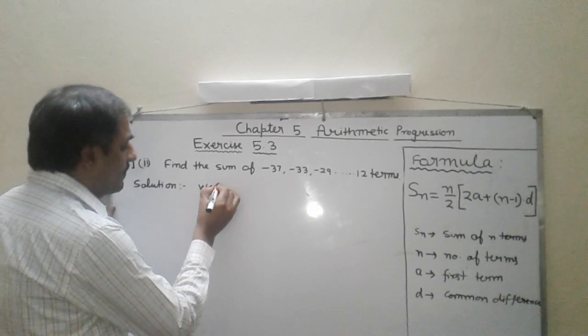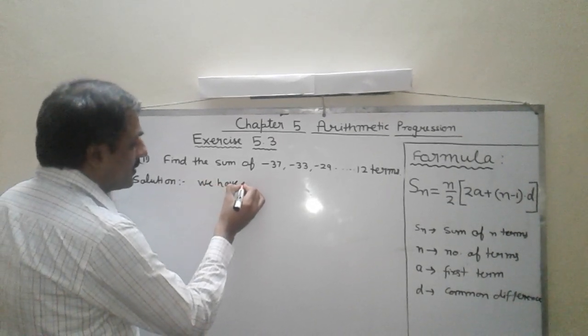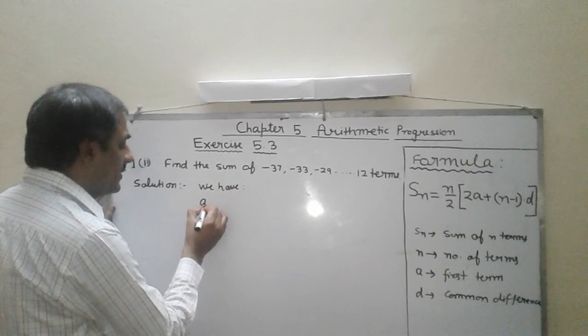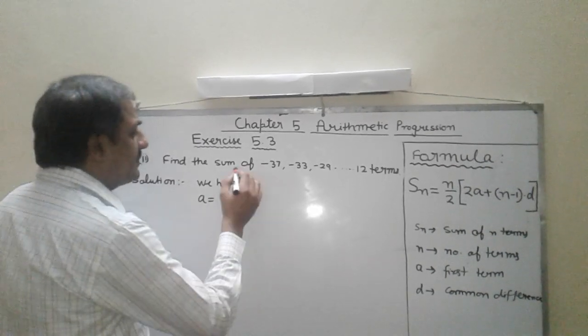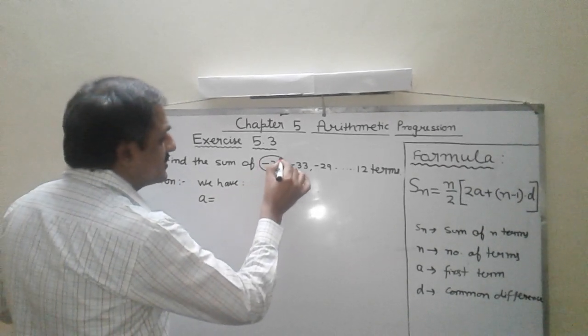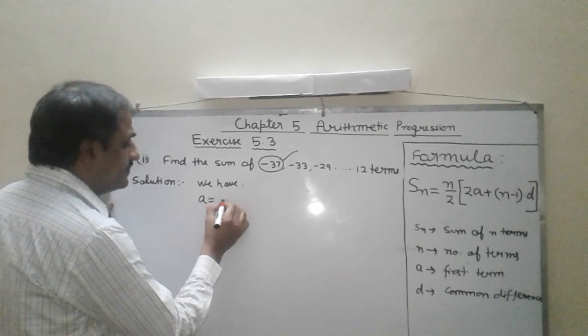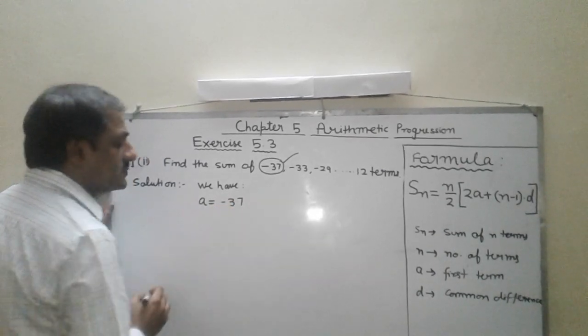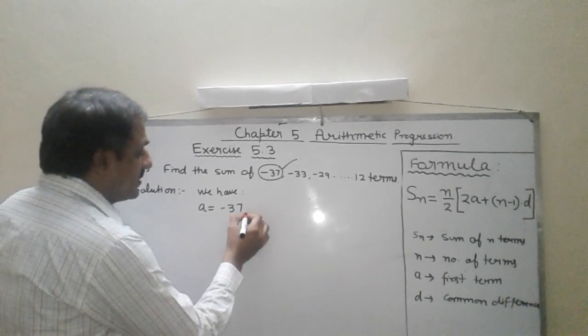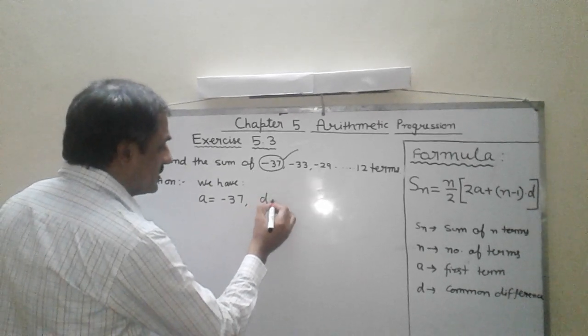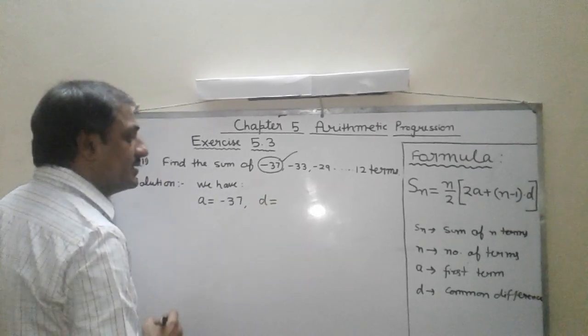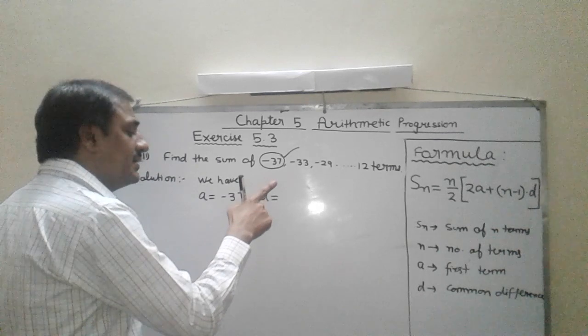We have the first term a. The first term of this AP is minus 37, and the value of d. How can we find the value of d?